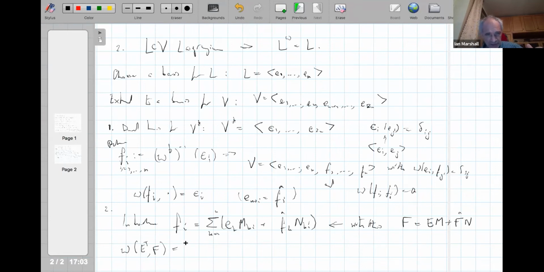And now if I just substitute in here, so I have omega of E^T, and then I put in here E_m plus F hat_n, then this is 0 because L is Lagrangian, and then this is omega of E^T F hat_n.